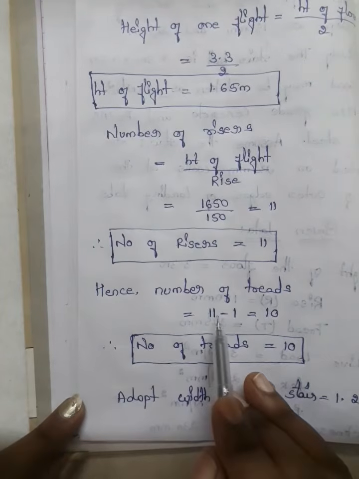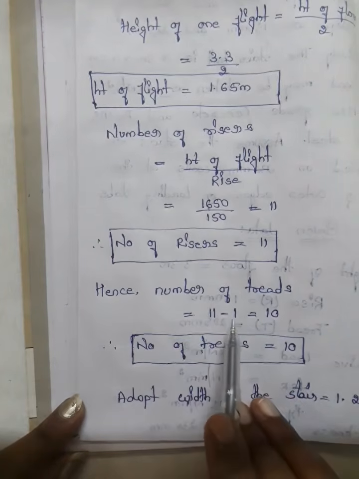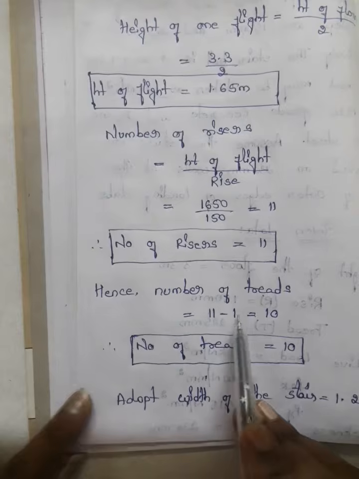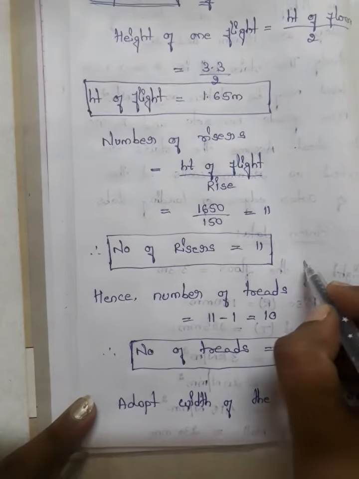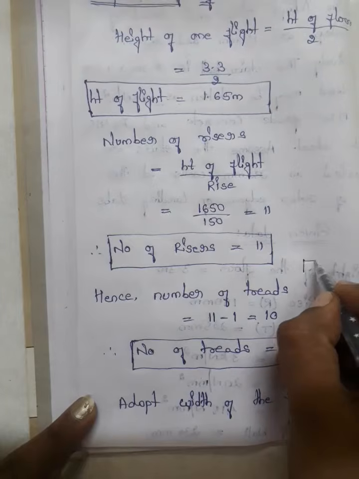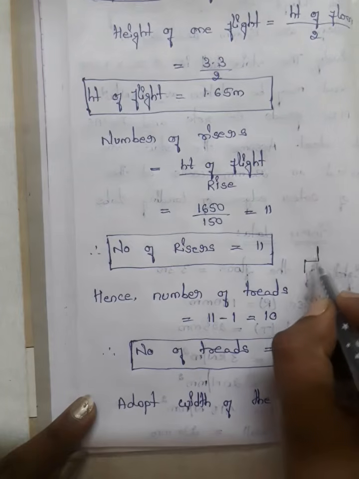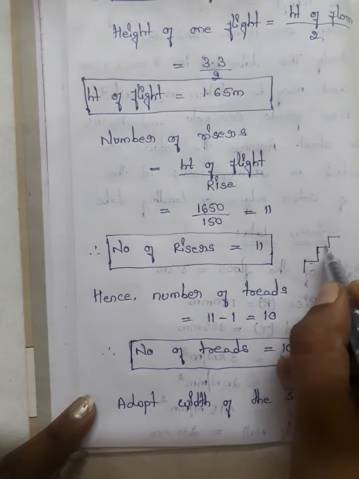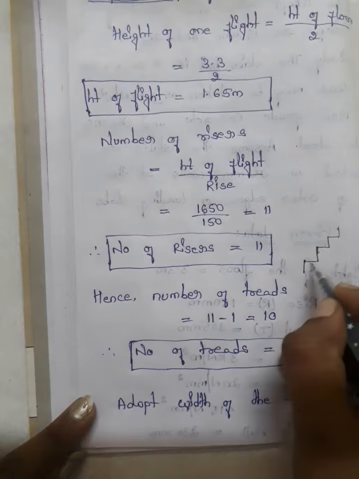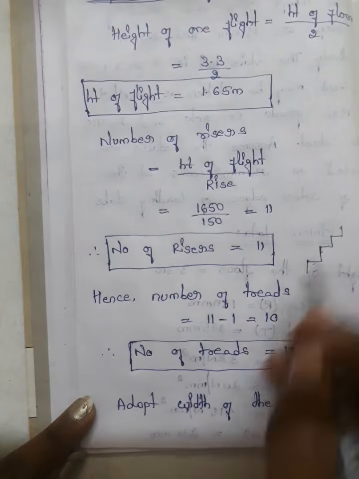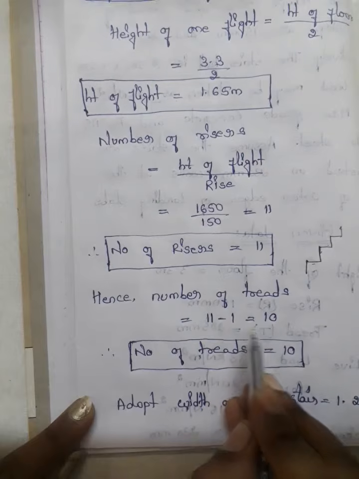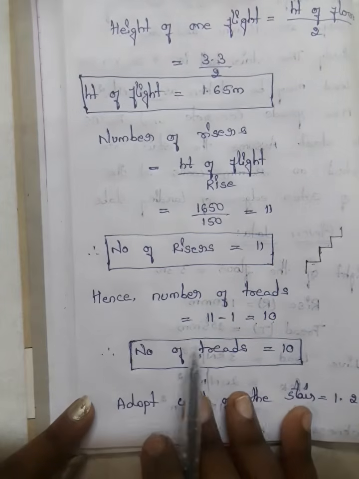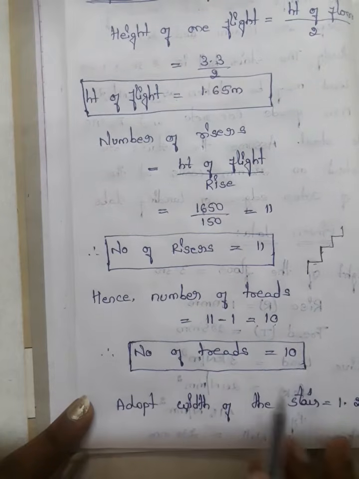Number of treads is equal to rises minus 1, so it is 11 minus 1. Why are we taking it like that? I'll explain here. One rise, tread here and another rise. So 2 rises are there and 1 tread is there. Then 3 rises are there and 2 treads are there. So 4 rises are there and 3 treads are there. So rises minus 1 will give the number of treads. So 11 minus 1 is equal to 10. So now number of rises is 11 and number of treads is 10.